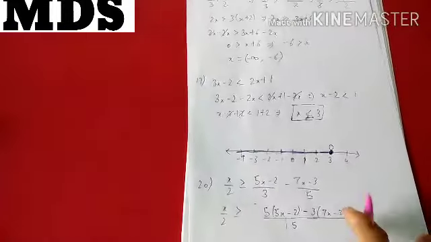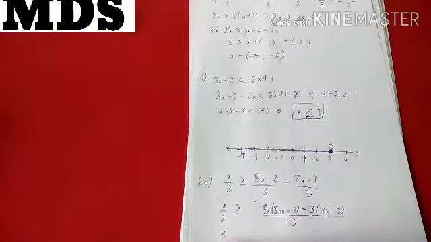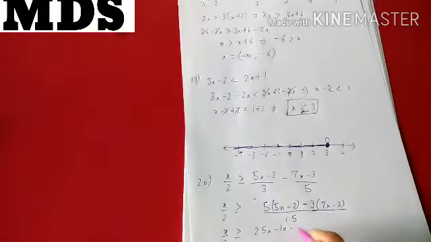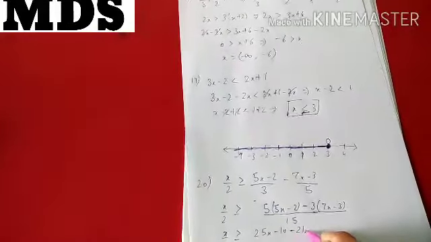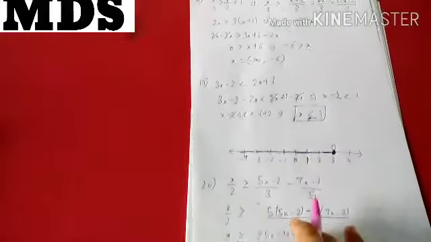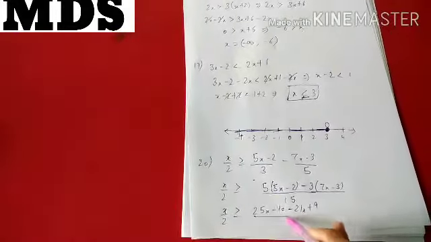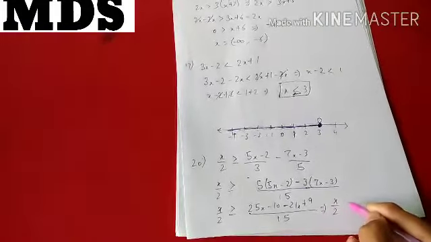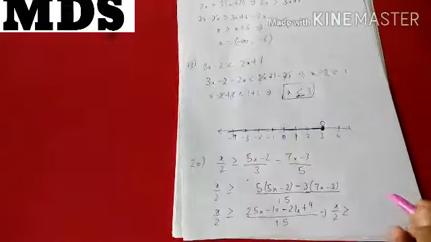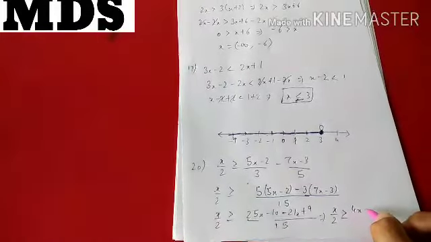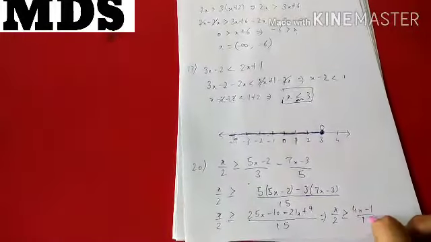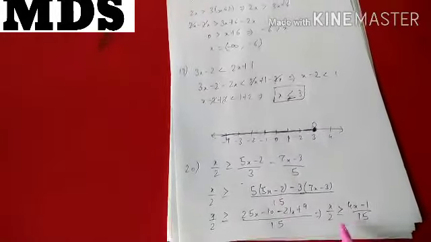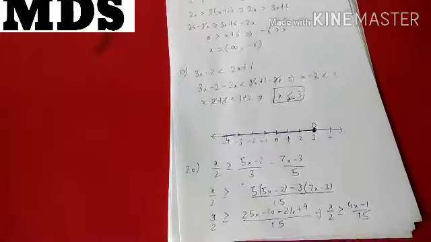Okay, we will solve it. So we will get x by 2 greater than or equal to 25x minus 10 minus 21x plus 9, divided by 15. So we will get x by 2 greater than or equal to (4x minus 1) by 15. Now we can multiply both sides with the common multiple of 15 and 2.